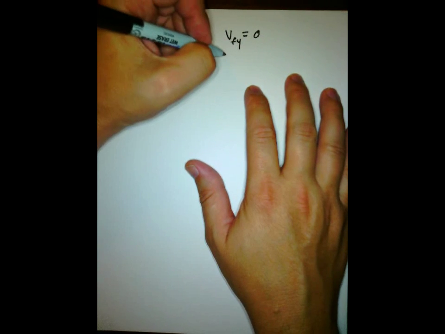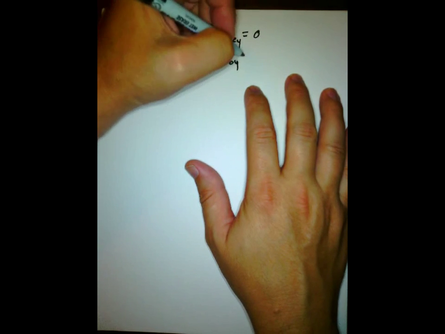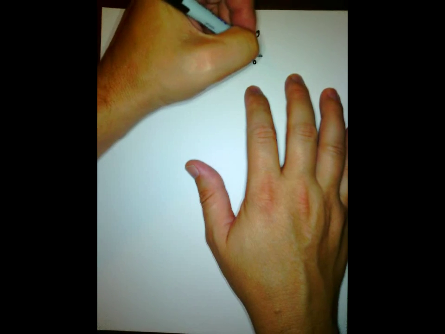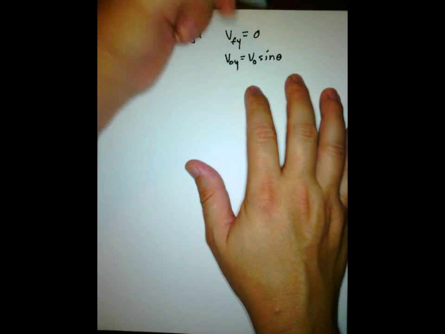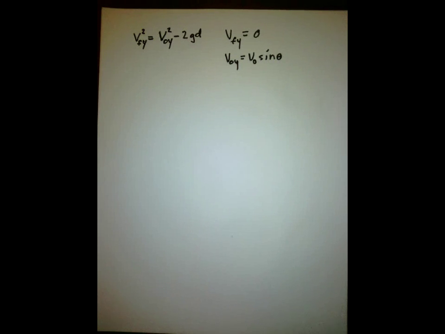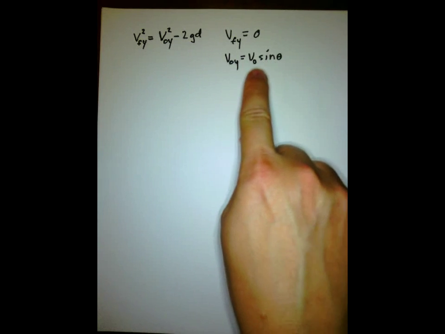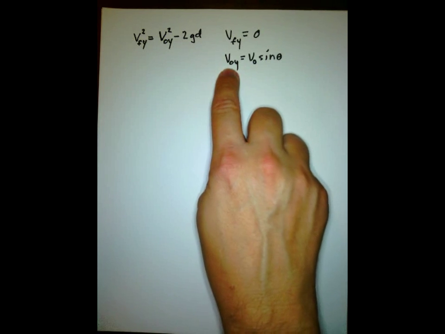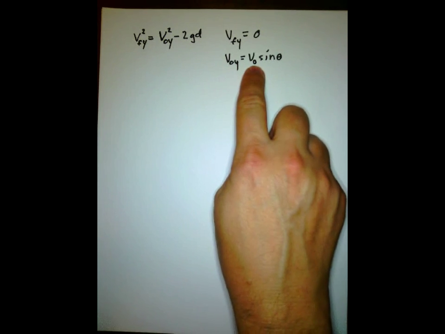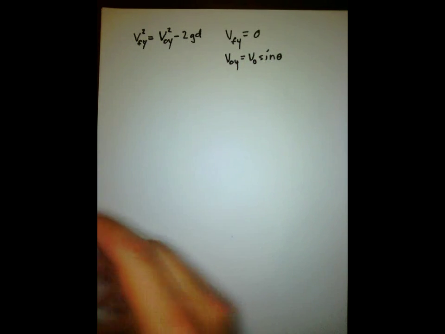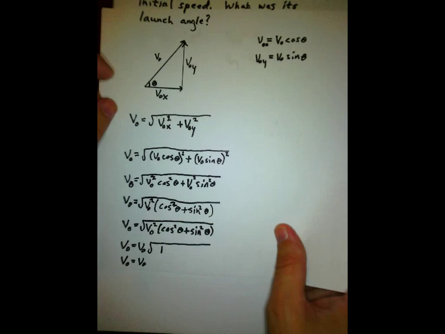And don't forget the substitution we did for initial vertical velocity was just V naught sine theta. Okay, so the reason I'm saying V naught sine theta is because it puts V naught y in terms of just V naught. So essentially cuts down on the number of variables we have, which is what we did here.